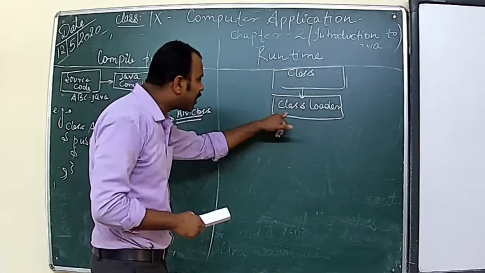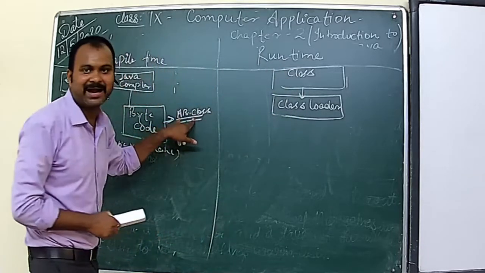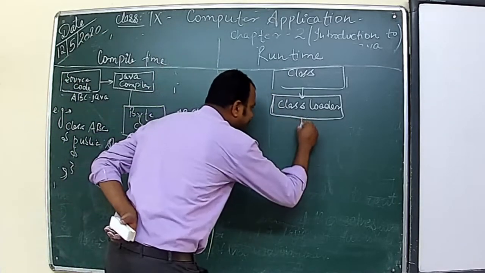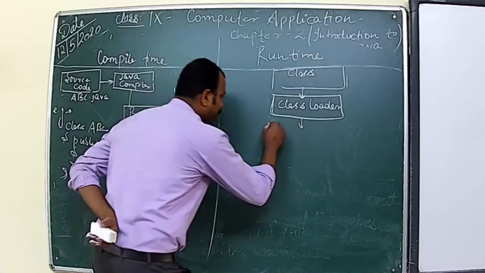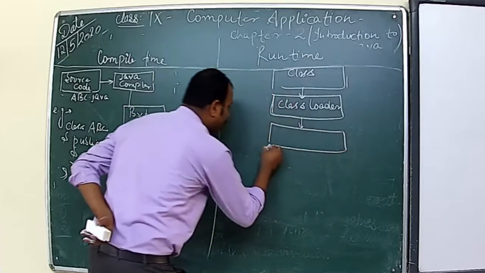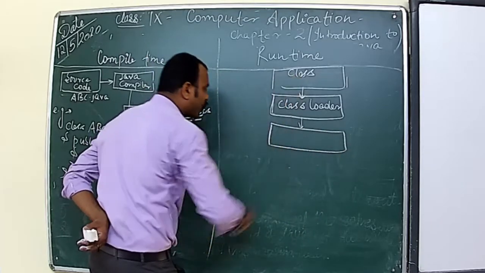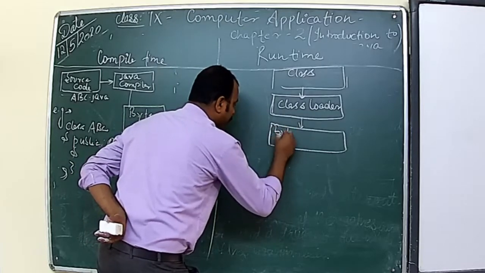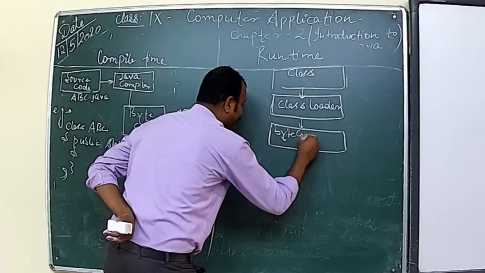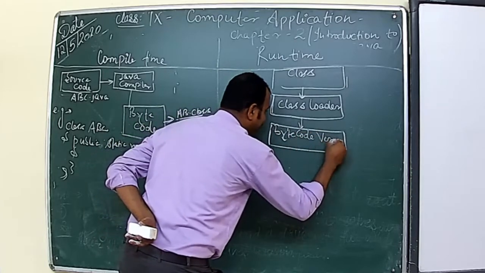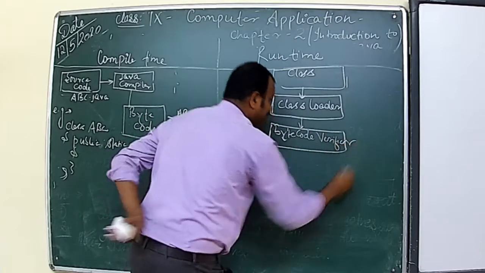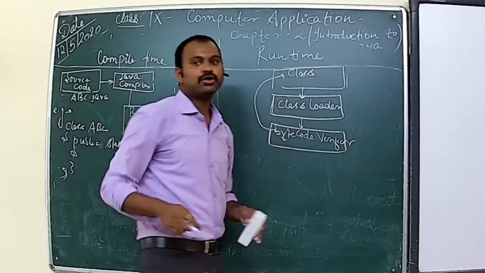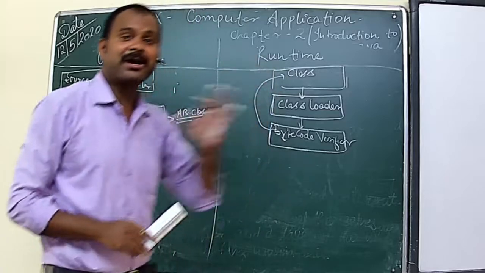The class loader will load this class file to the JVM for execution. After the loader, this class file, which is bytecode, goes to the bytecode verifier, which will verify whether this bytecode is correct or not.